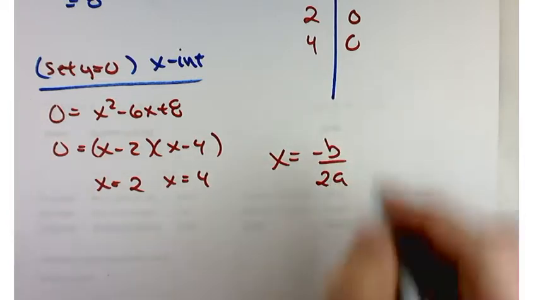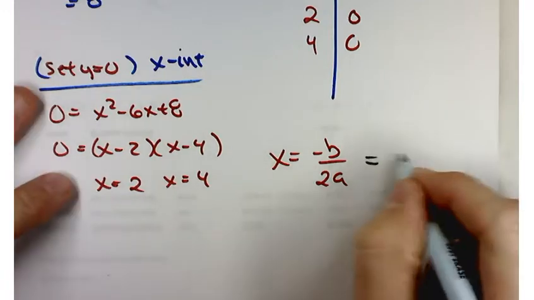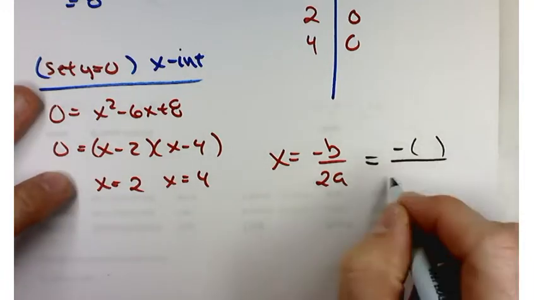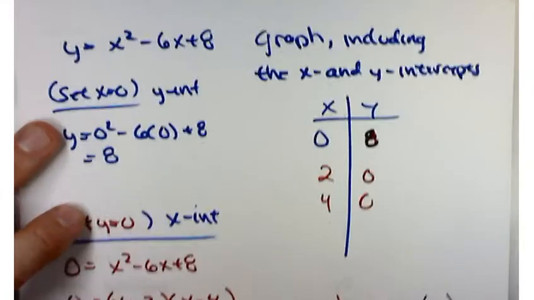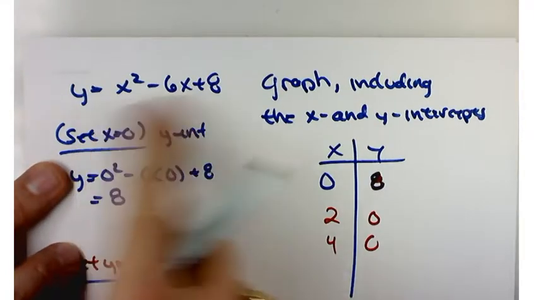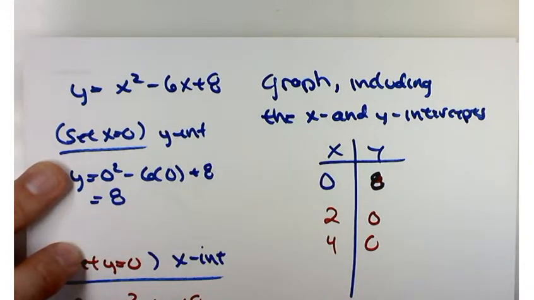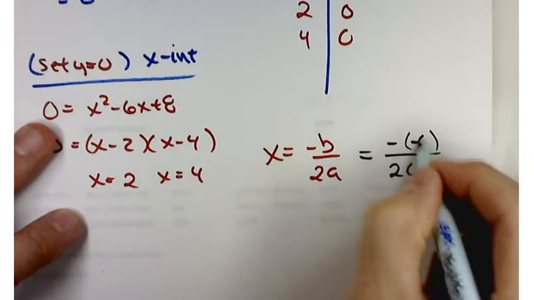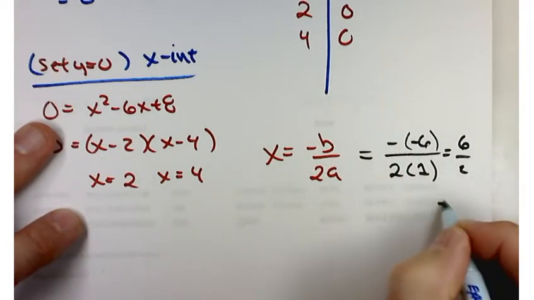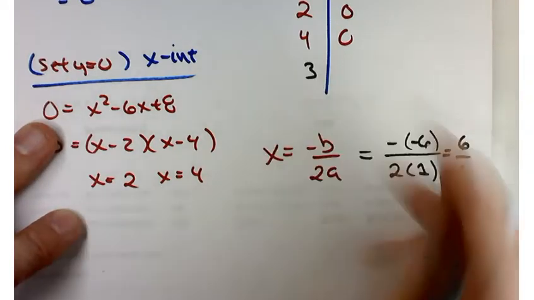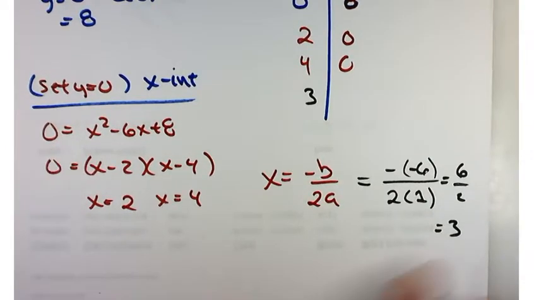Okay, well, let's see if we can't plug in a few values here. What are a and b respectively? Thank you. b is negative 6 and a is 1. So I end up with 6 over 2, or 3. So 3 is the x-coordinate of the vertex. How am I going to find the y-coordinate of the vertex?